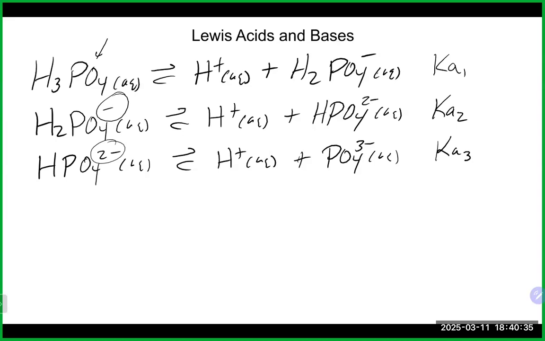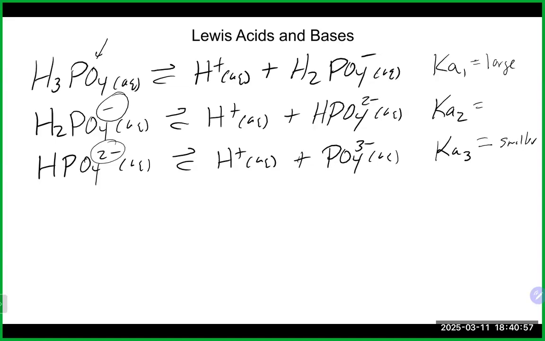So it does get harder and harder every time you want to take off an H plus, and that is reflected in these values. The Ka1 value would be a larger value than the Ka2, then the Ka3. It gets smaller and smaller as you go from Ka1 to Ka2, Ka3.